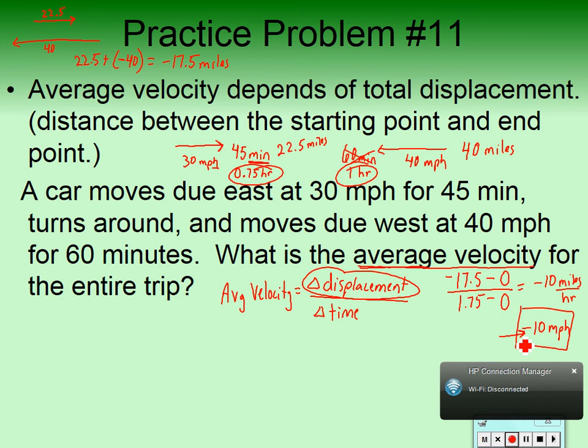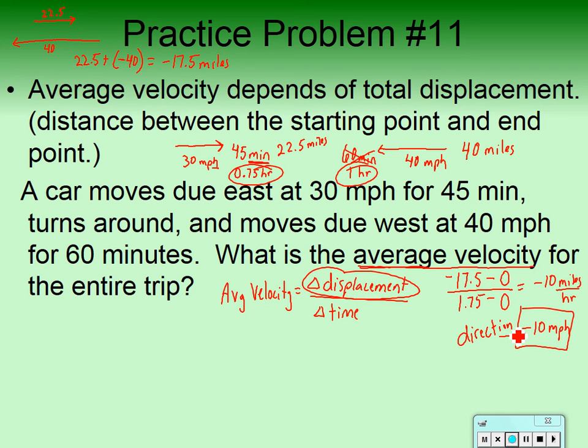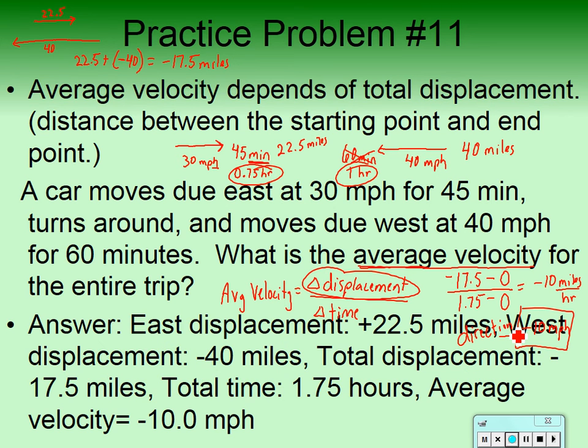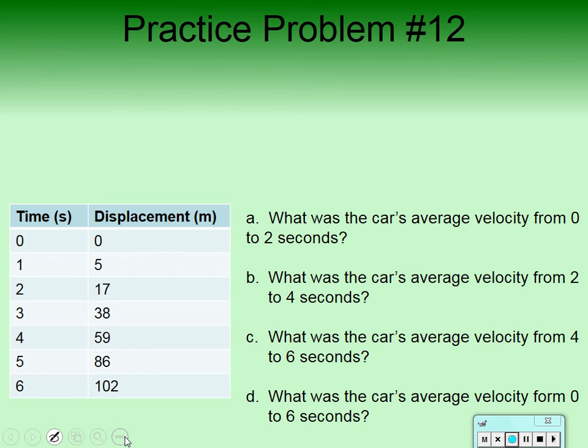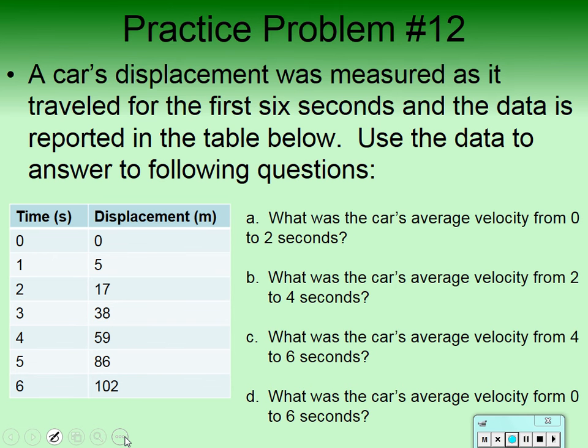The sign is telling us direction. So throughout the whole trip, he would have averaged 10 miles per hour to the left, or due west. Yes, and we got it right, so they found the same answer that we came to, negative 10 miles per hour. Okay, let's go to practice problem number 12.